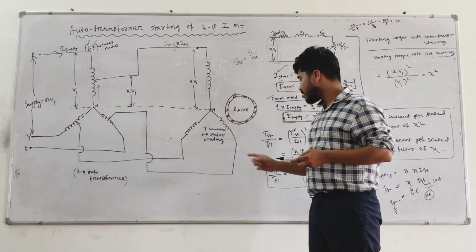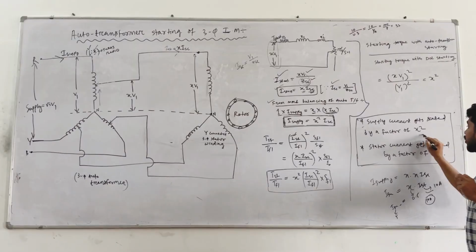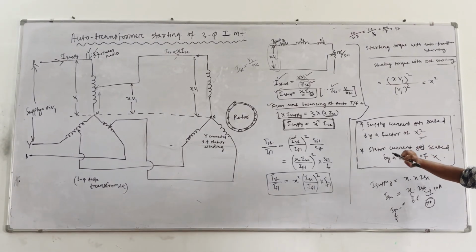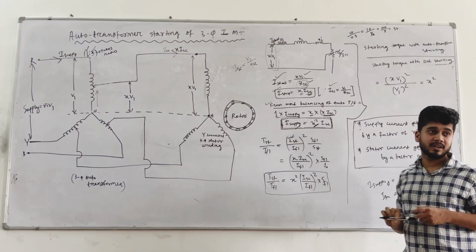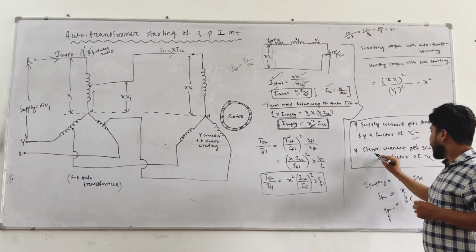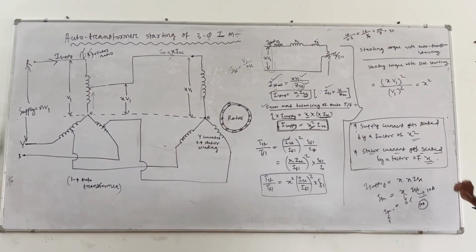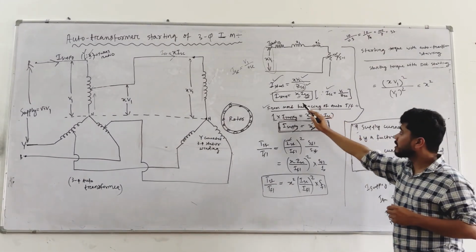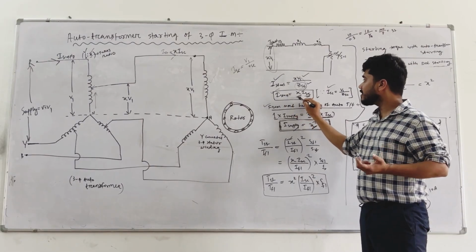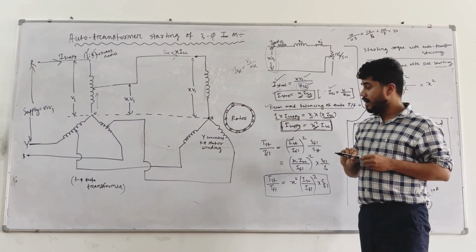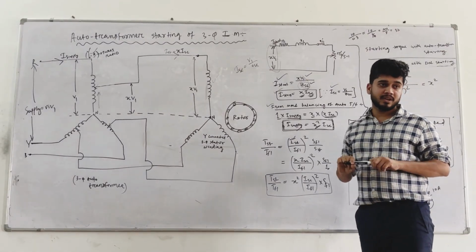So what you have understood from this method of starting is that your supply current gets scaled by a factor of X square, and your starter current gets scaled by a factor of X. Starter current means starting current, which is scaled by a factor of X, and the supply current is reduced by a factor of X square.